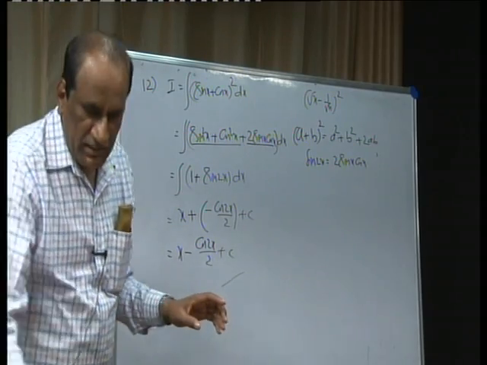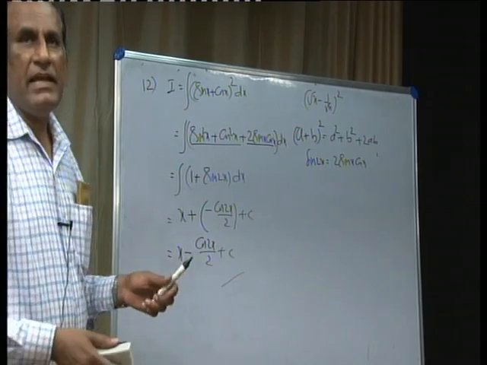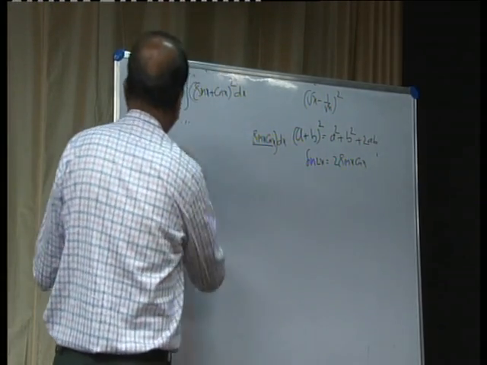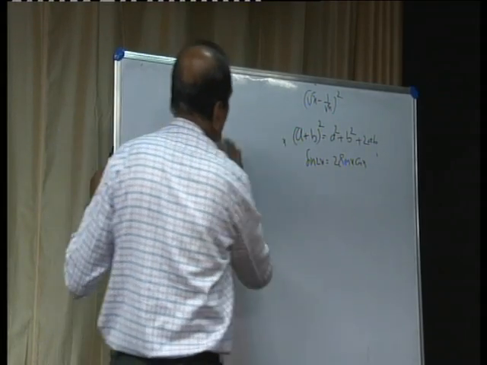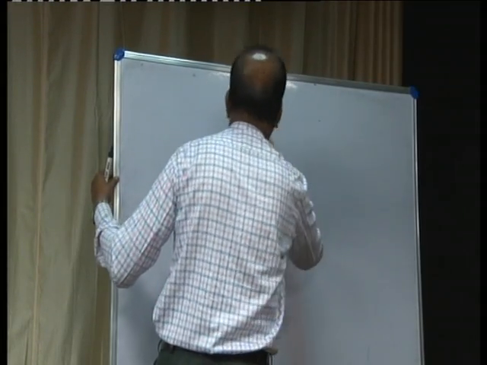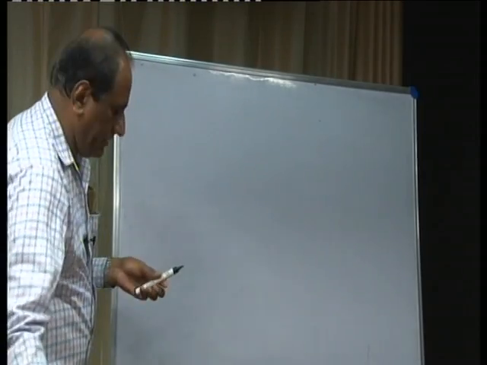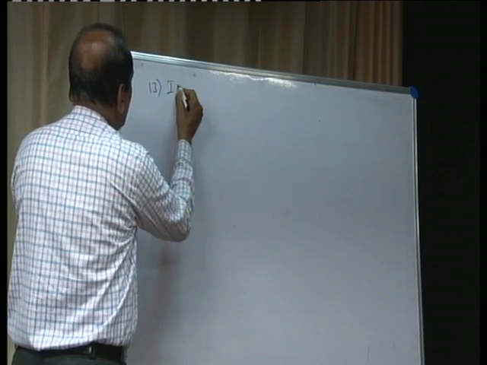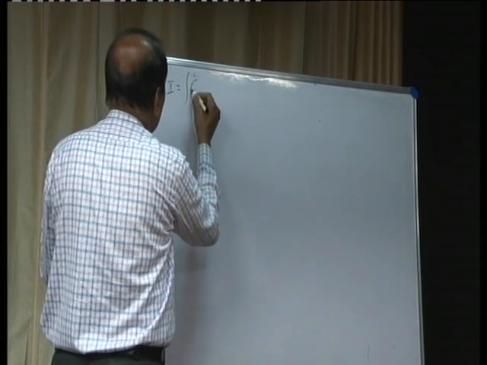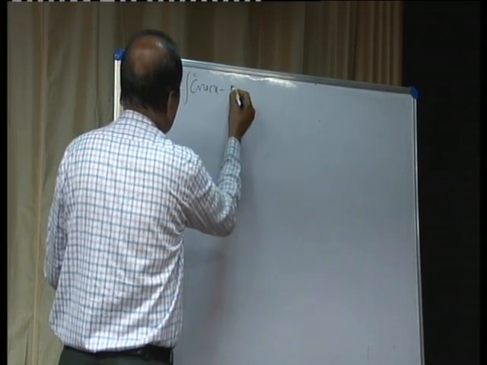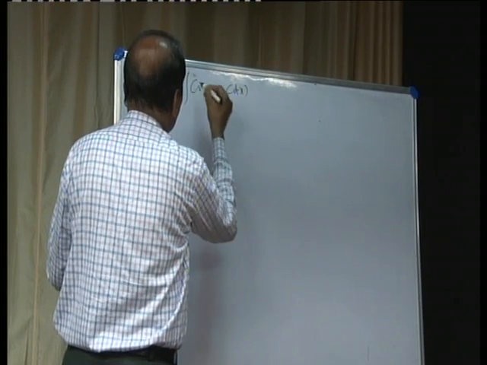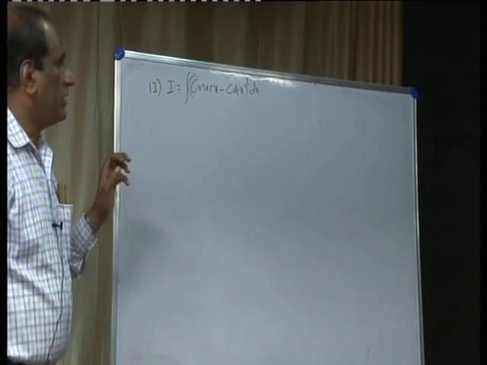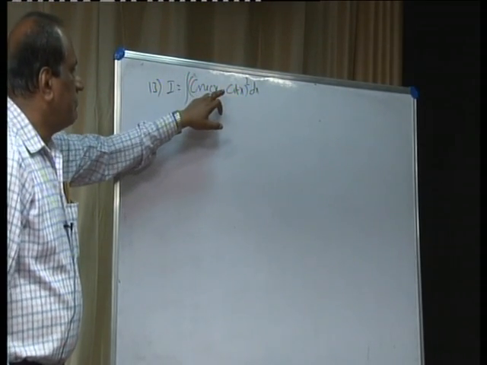So I am going to consider one more problem with the negative sign. Problem number 13. I is equal to the integration of (cosecant x minus cot x) whole square dx. So binomial raised to power 2, connected by minus sign.